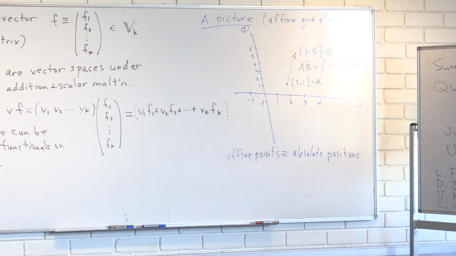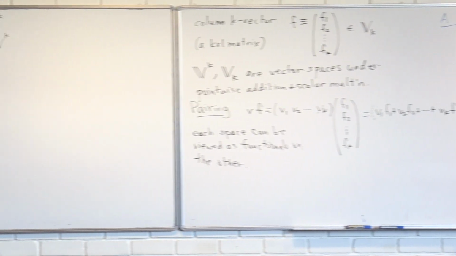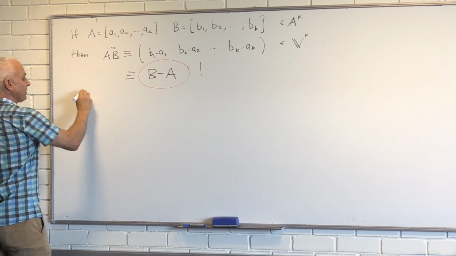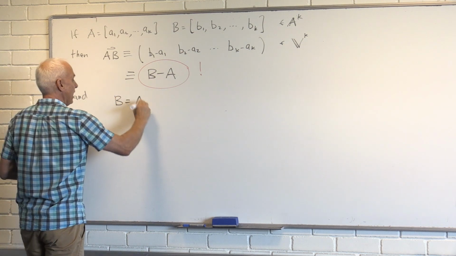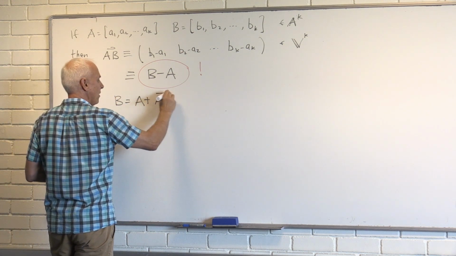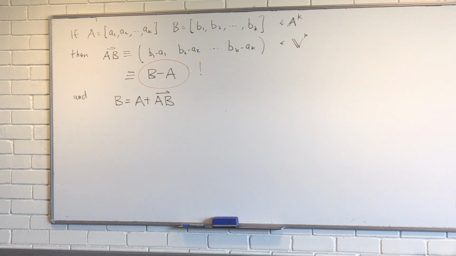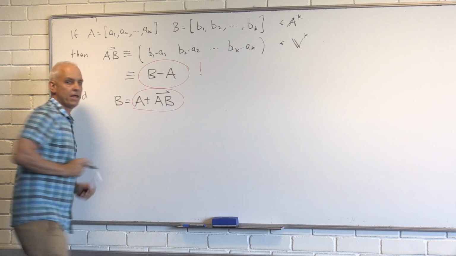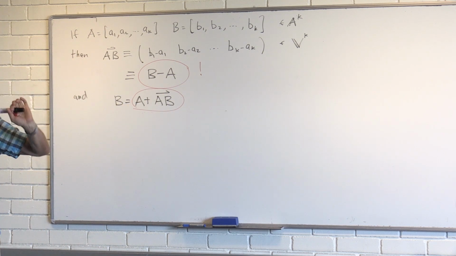And we'll also write that B is equal to A plus AB. This is also novel notation. The idea is that if you have a point, an absolute point, and you have a relative object, a vector, which is essentially a difference of points, then you can add the relative position to the absolute point, and you get another absolute point.